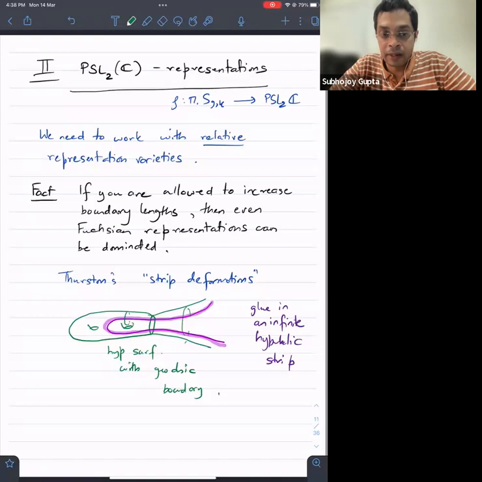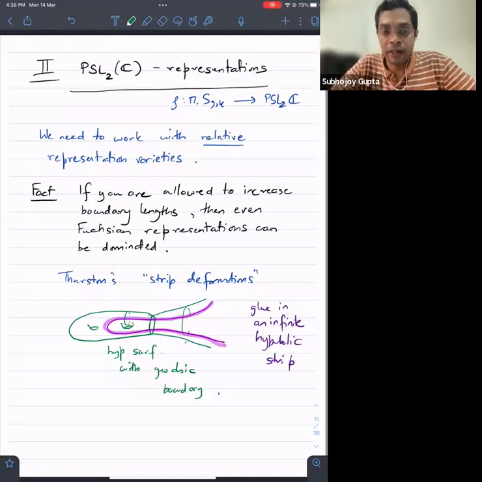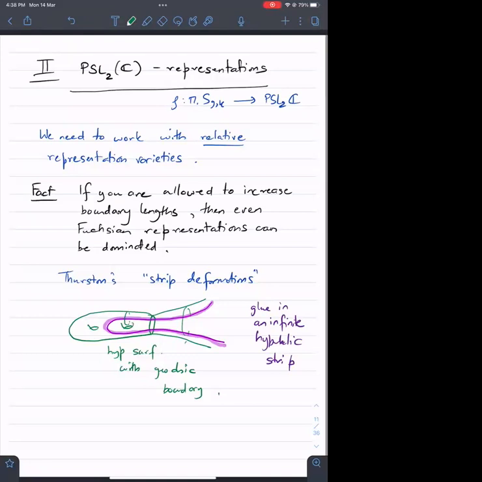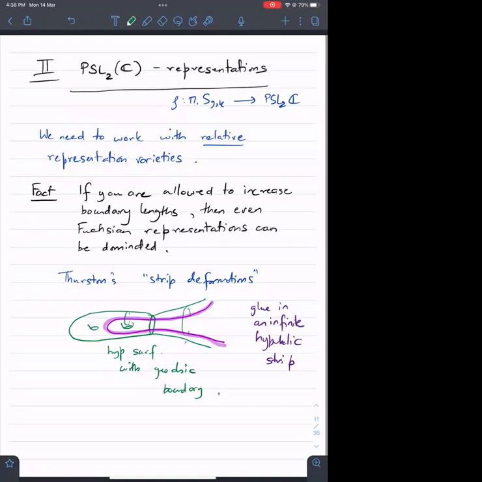That's right. And the two geodesics on the two sides are glued to the two halves of the hyperbolic plane. Is that right? Yes. And in the process, you get something that is isometric to the hyperbolic plane also. Yeah, exactly. Thanks.